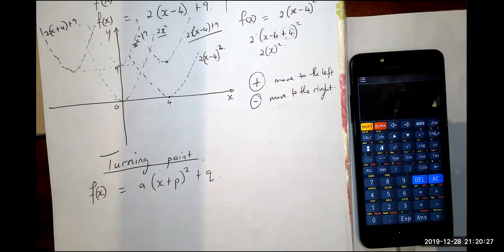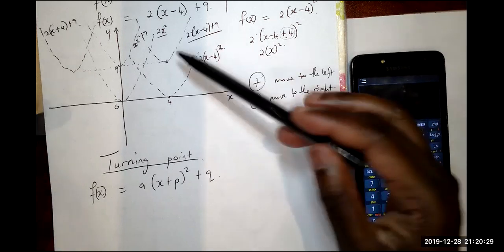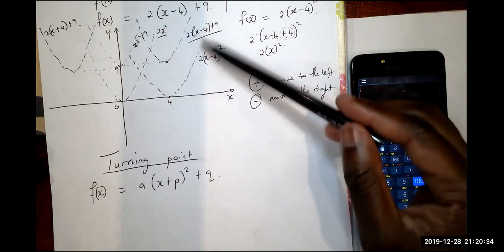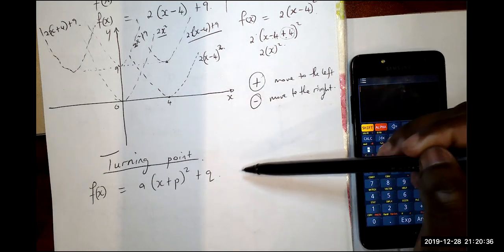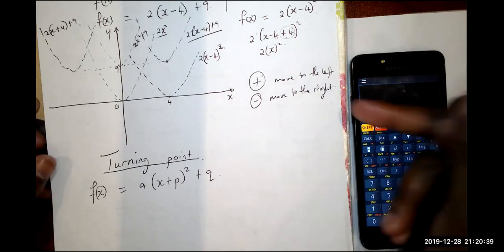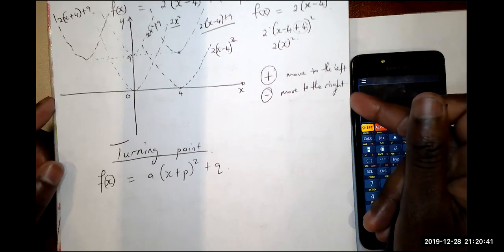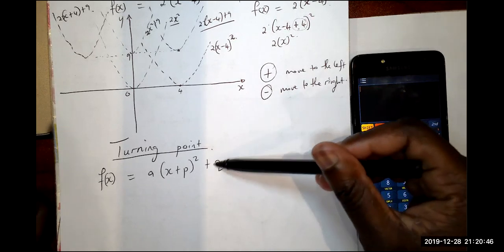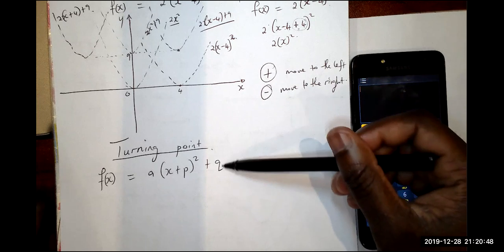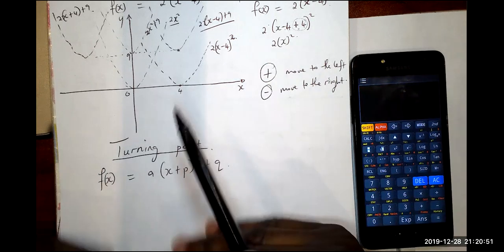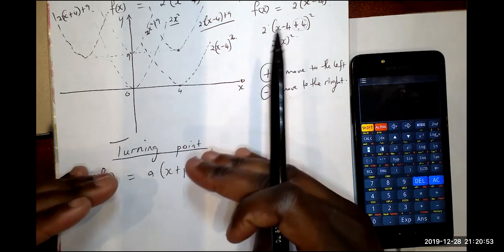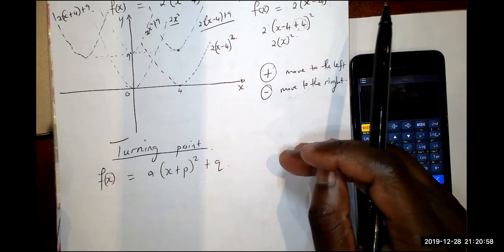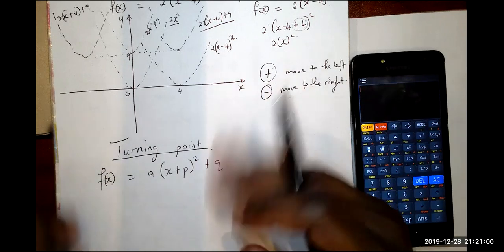Now, let's talk about the turning point. The turning point is either a minimum or a maximum, depending on the shape of the graph. By the turning point, we already understand that we are having Q, because Q determines where your graph is touching, how far we have shifted the graph.